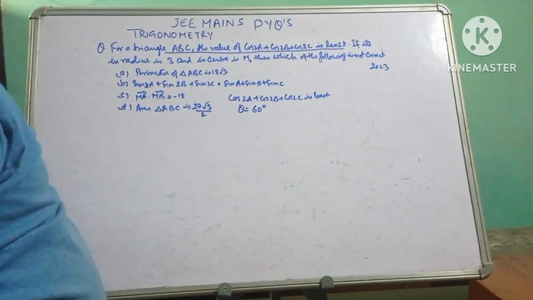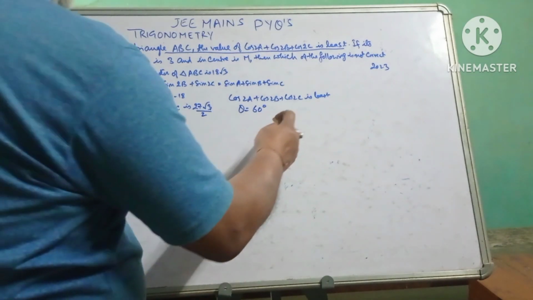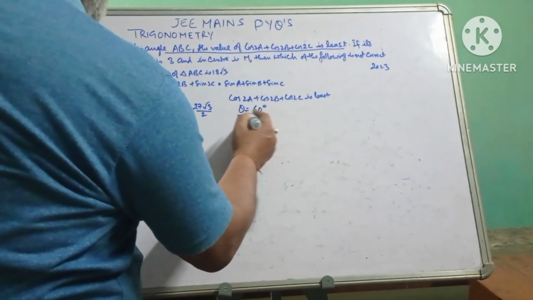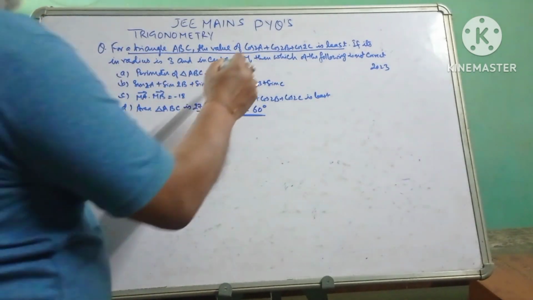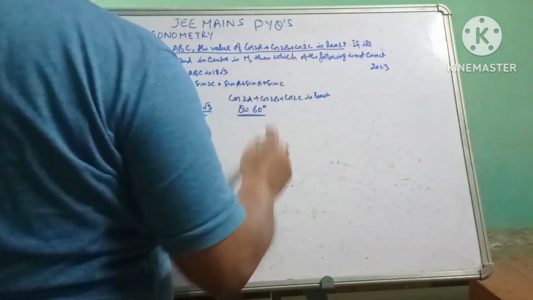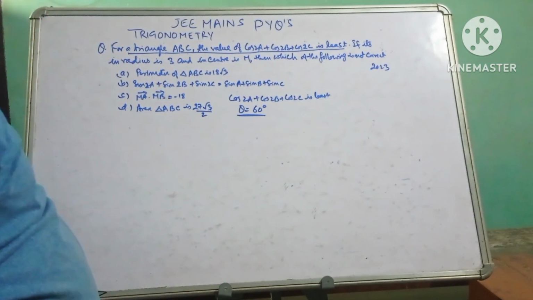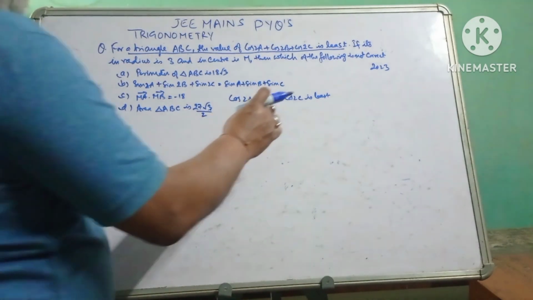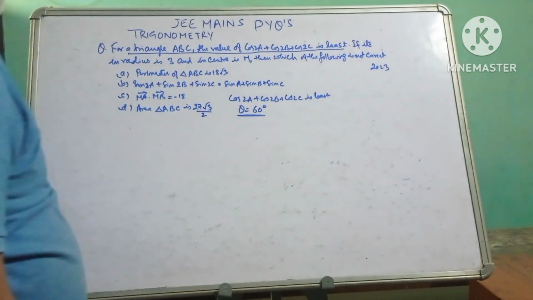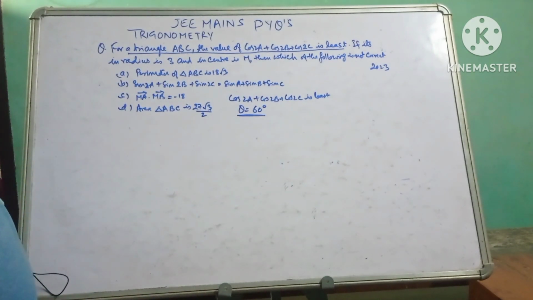This is the main concept here, because for a triangle ABC, the sum of the angles A plus B plus C is 180 degrees. So this value will be least when theta is equal to 60 degrees. This is the main concept here.